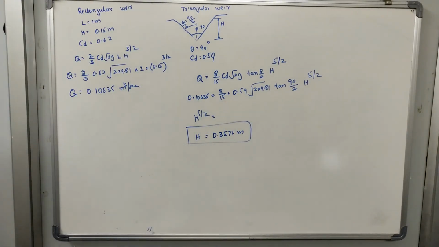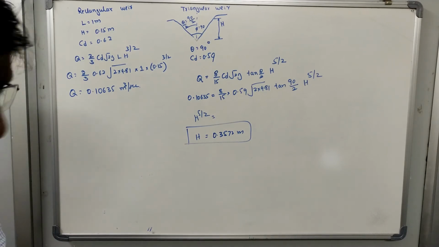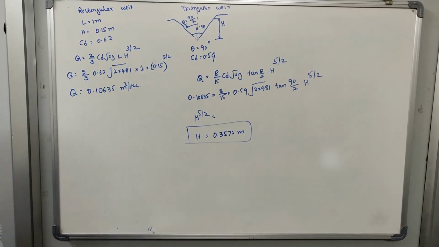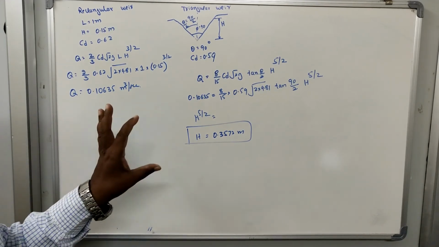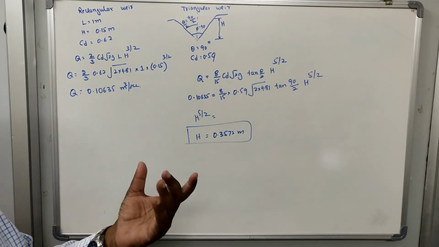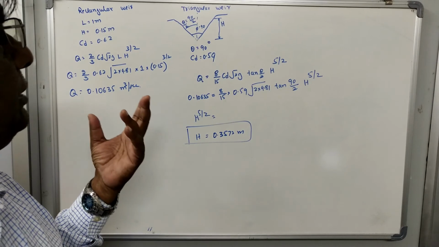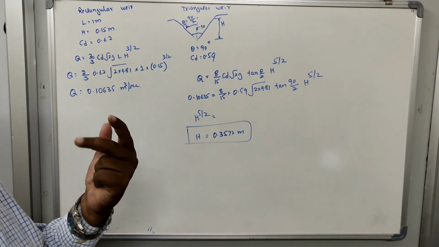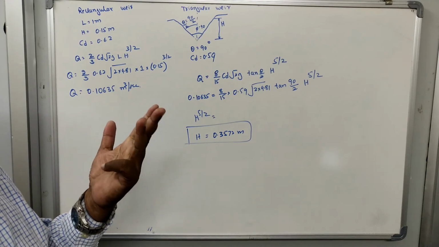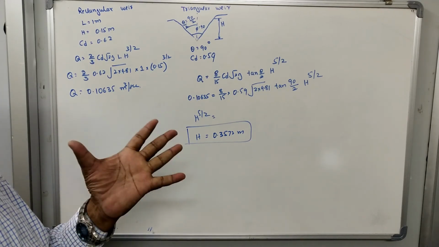Okay, so these are some of the numerical problems. You have the second test next week, maybe Monday or Tuesday. You are getting 2 questions from Section 1 or Part A. 2 questions on the orifice, mouthpiece, and triangular and rectangular notches, derivation for the trapezoidal notch and Cipolletti notch, and the numerical problem.